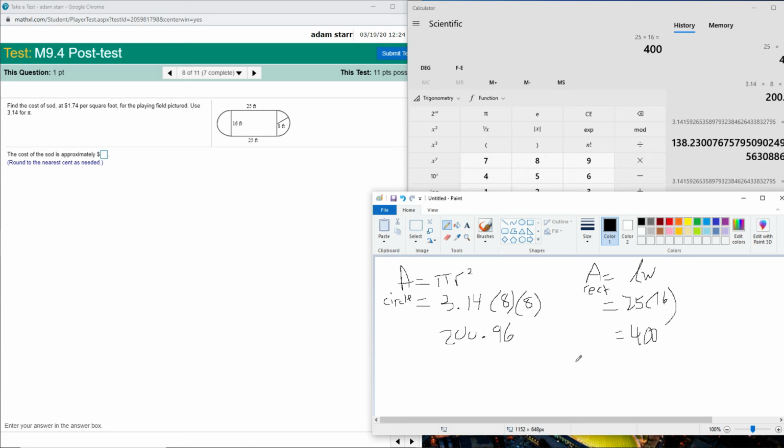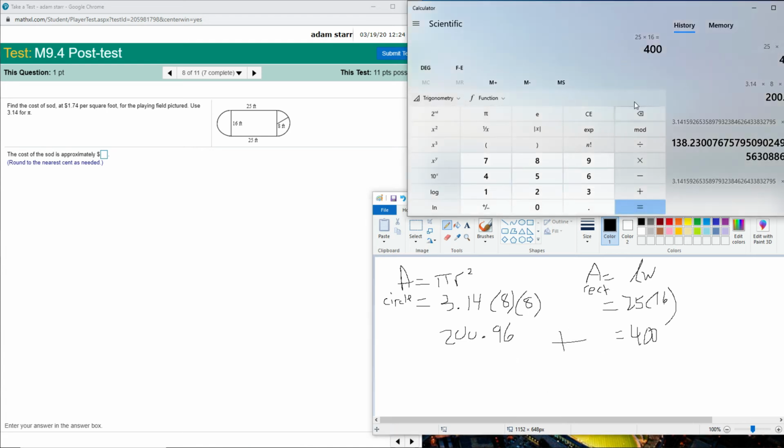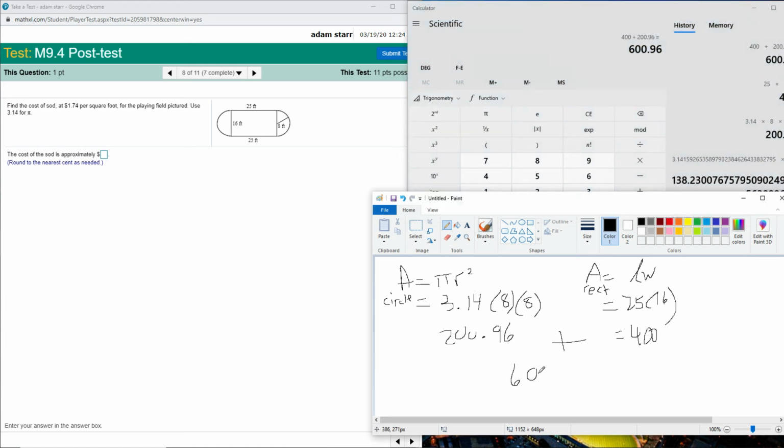These are my two areas, so I'm going to add them together. So I have 400, which is already in my calculator here, plus 200.96, and that is 600.96. So that is the total area, and this would be feet squared, of this playing field.